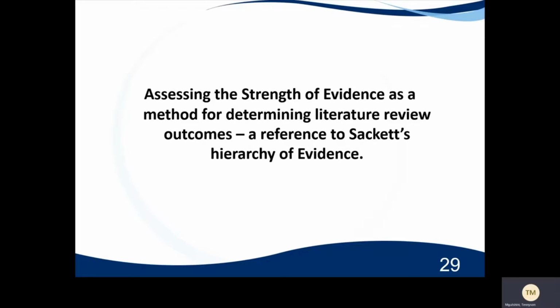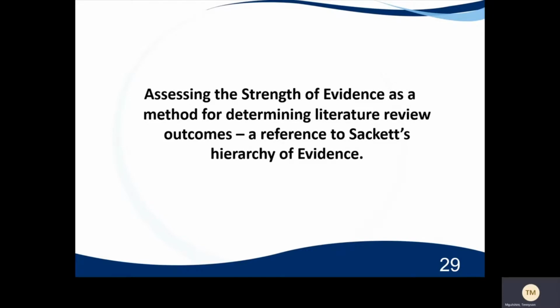And even in the studies themselves, there will be arguments that a study that is qualitative versus a quantitative one might have different levels of credibility depending on where you are sitting. But basically, using a hierarchy, there's a hierarchy called Sackett's hierarchy of evidence.